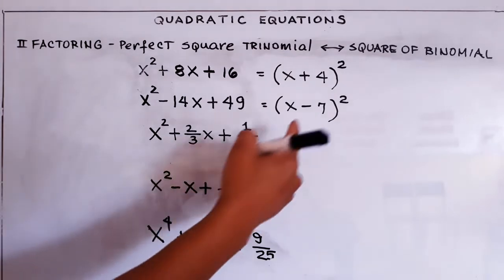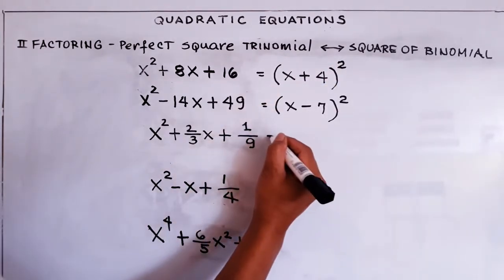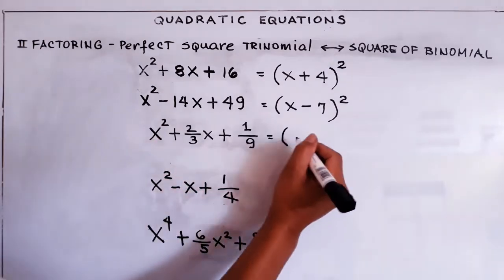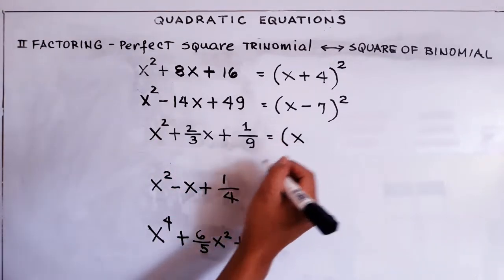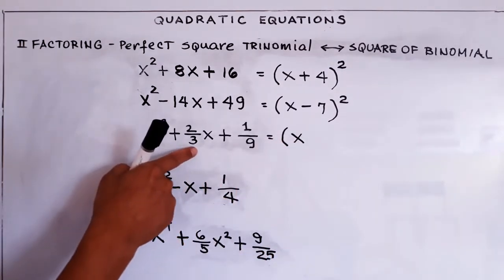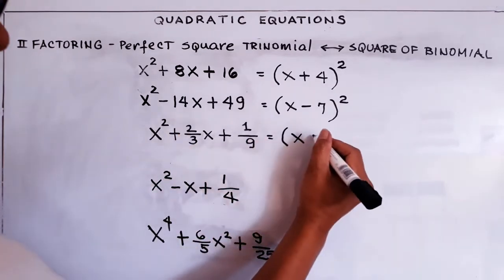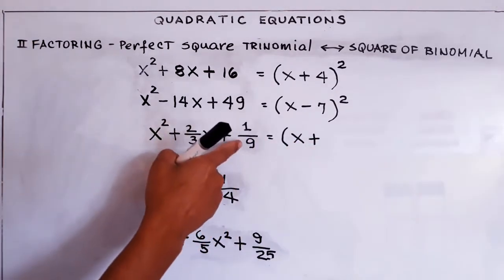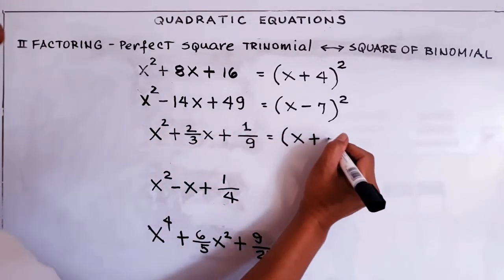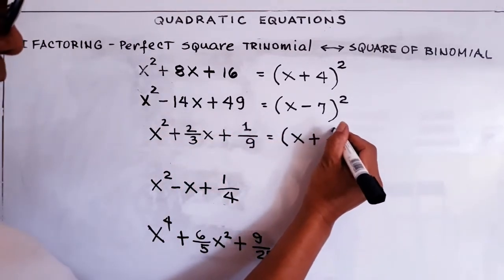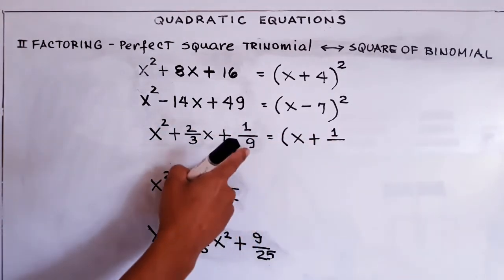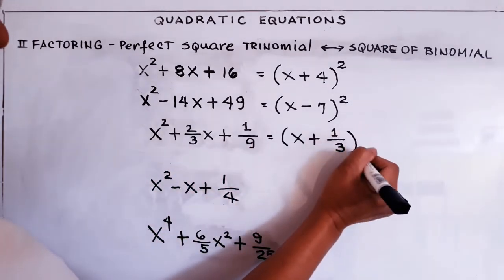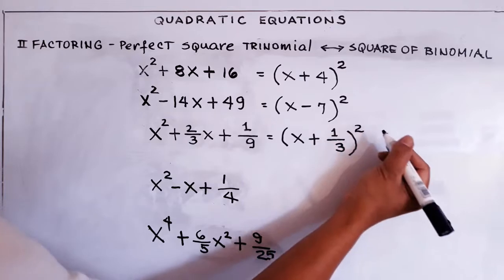Don't forget the 2, square it, equals here. The square root of x squared is x. Take note of the sign of the middle term, which is positive. Alright, 9. The square root of 1 is 1 because 1 times 1 is 1. And the square root of 9 is 3, to the second power.